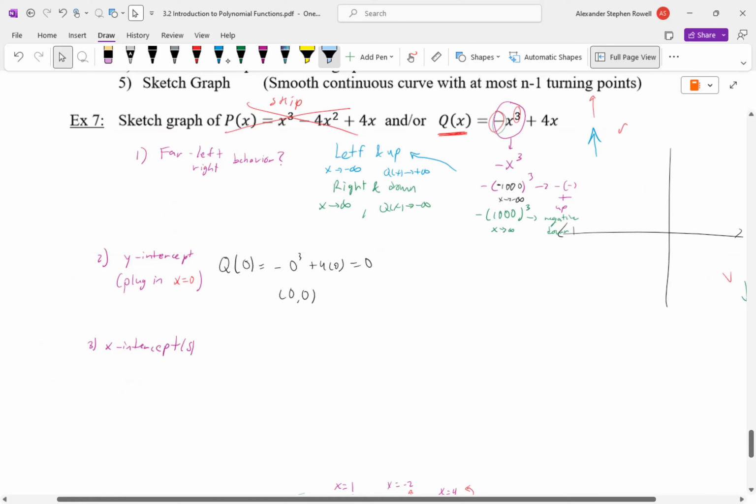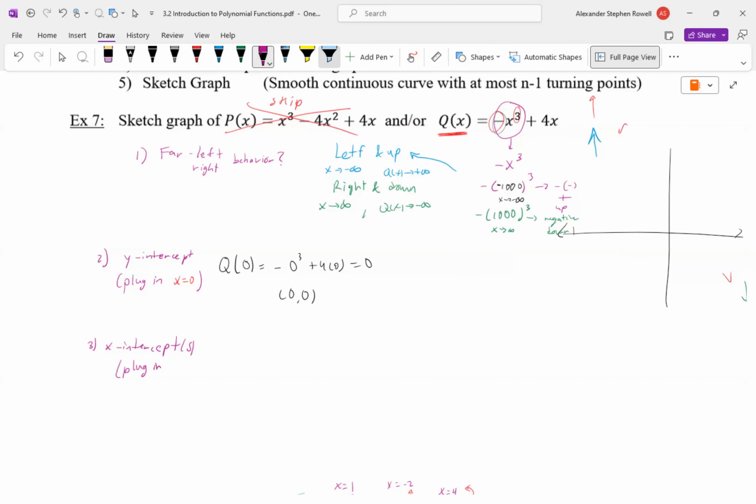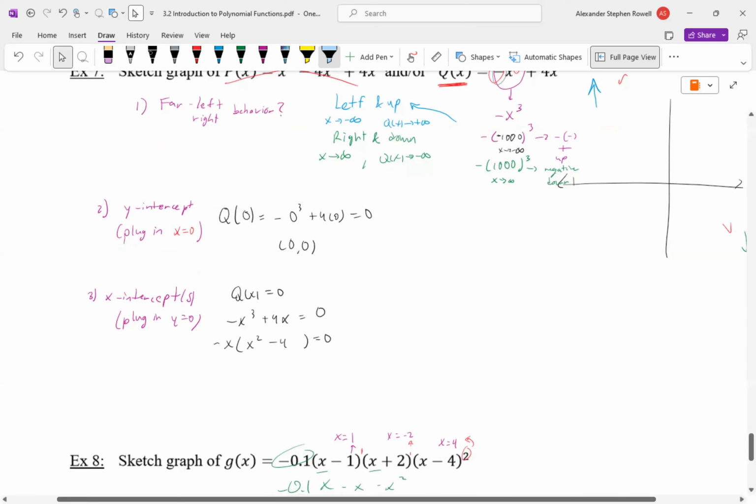How do we find the x-intercepts? Plug in y is equal to 0. When is q of x equal to 0? Negative x cubed plus 4x is equal to 0. We solve by factoring. If I take out negative x, I end up with x squared minus 4. Can I factor it further? Difference of squares, yes. Difference of squares factors into x minus 2 times x plus 2.